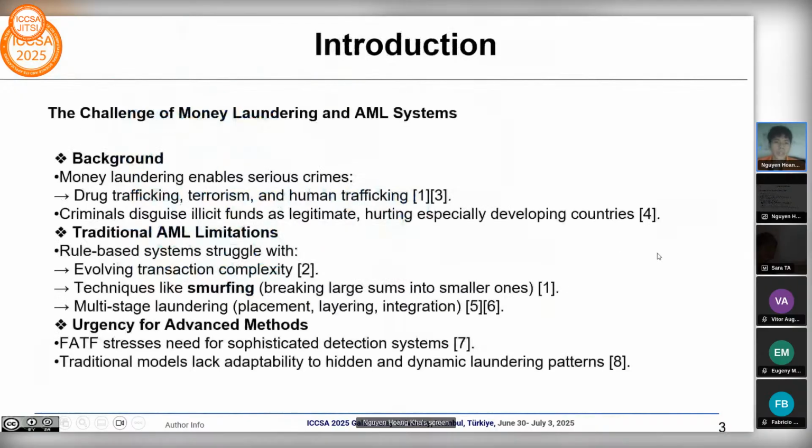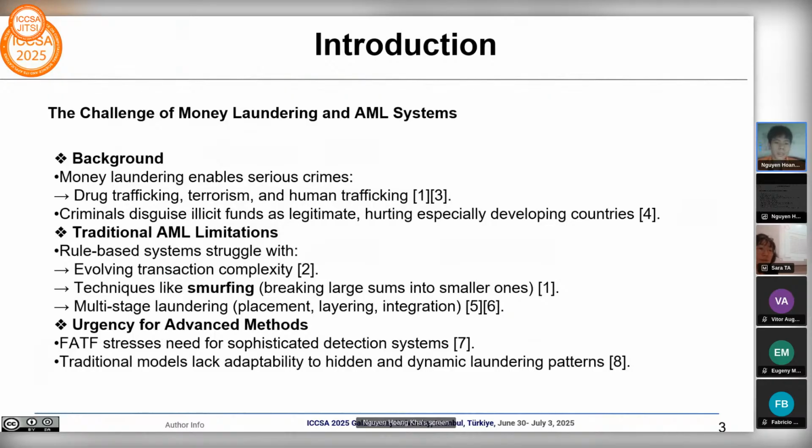First, introduction. The challenge of money laundering and AML system background is drug trafficking, terrorism, and human trafficking. The traditional AML limitation is evolving transaction complexity.